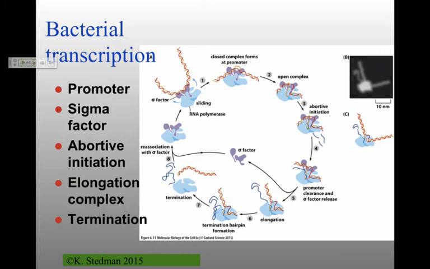The sigma factor is a protein that's part of the bacterial RNA polymerase that's really critical for getting it to start at the right place, i.e. at the promoter. The sigma factor, together with the RNA polymerase, searches to find the right place to start.